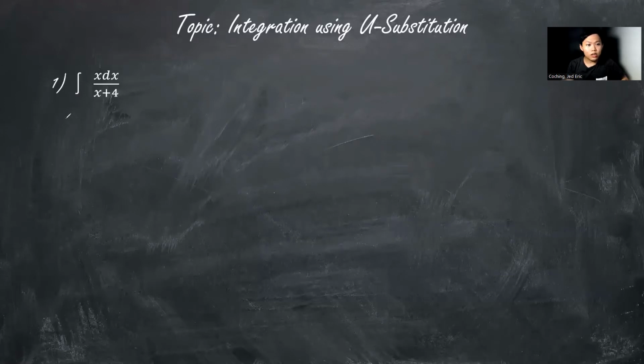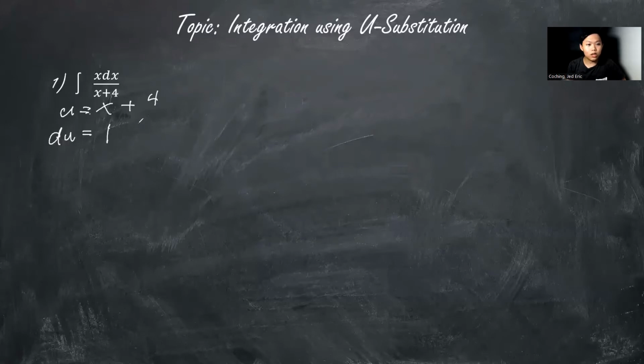First, let's find u, which is equal to x plus 4. Okay, then du, the derivative of u, is just 1.